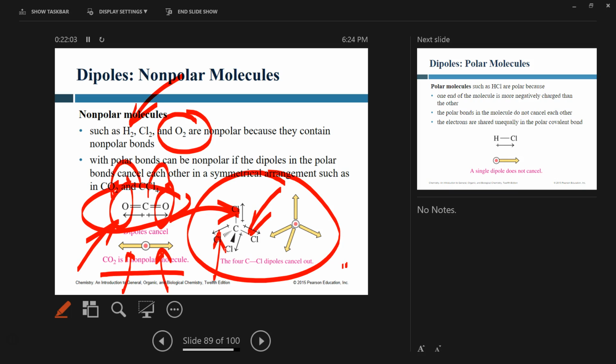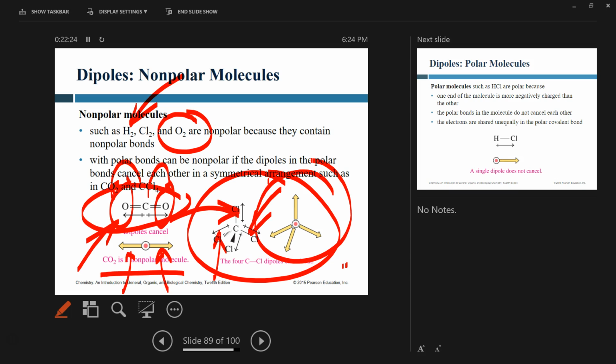So despite the fact that each bond in carbon tetrachloride is polar, the whole molecule is not, because dipoles are canceling out each other.